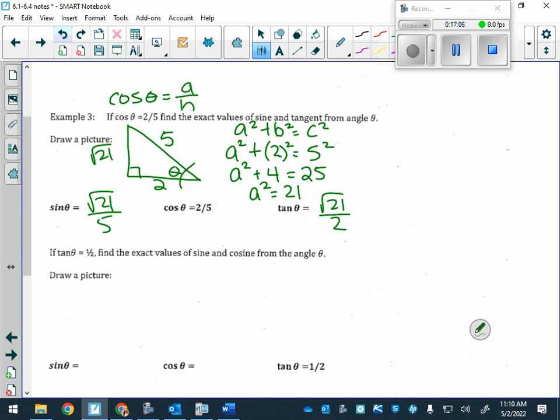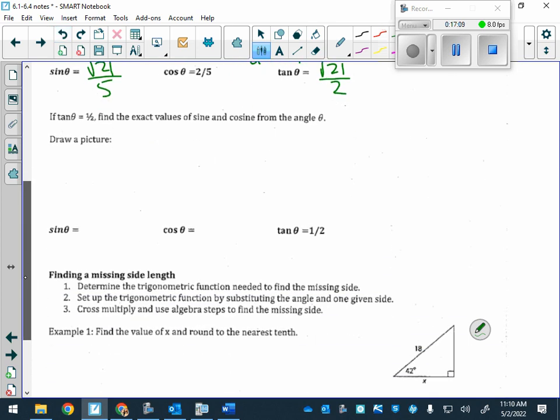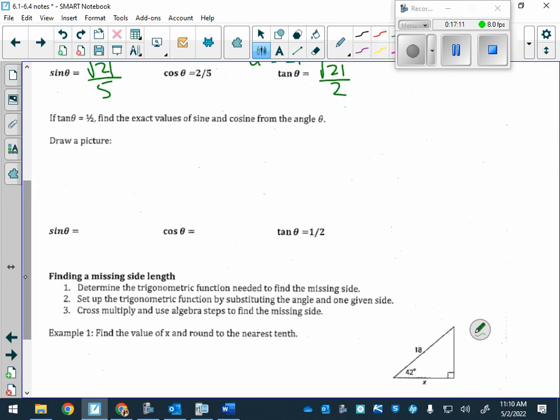Now we're going to draw another picture. However, I'm going to put theta in another spot. Here's your right triangle. I'm going to put theta up here. So tangent is what according to SOHCAHTOA? Opposite over adjacent.